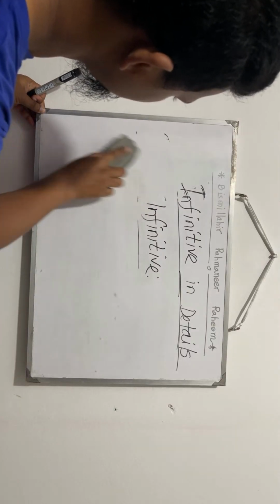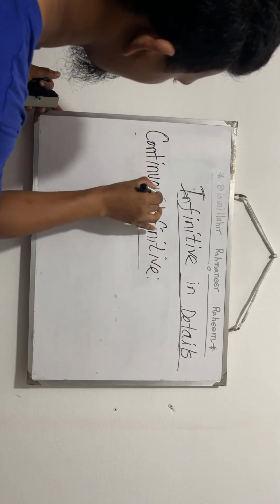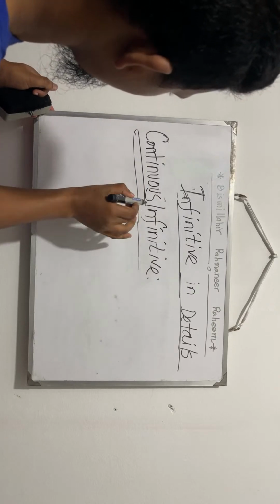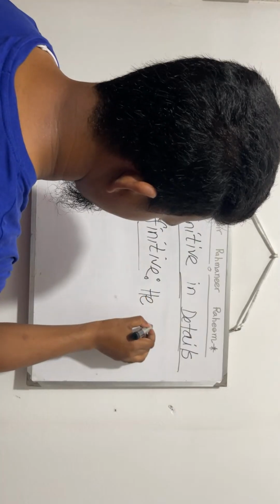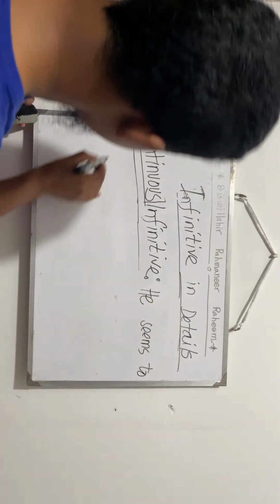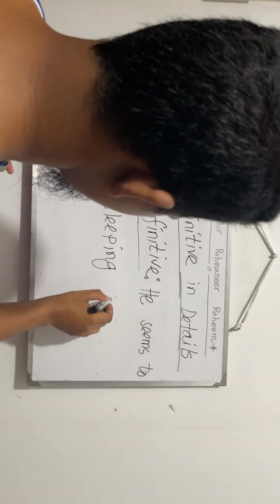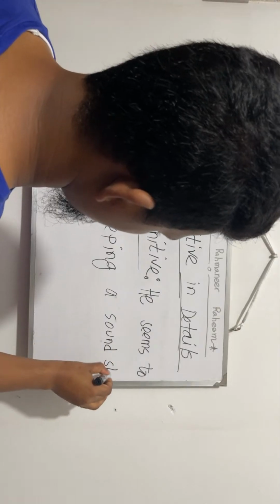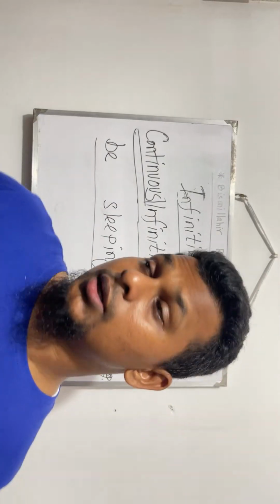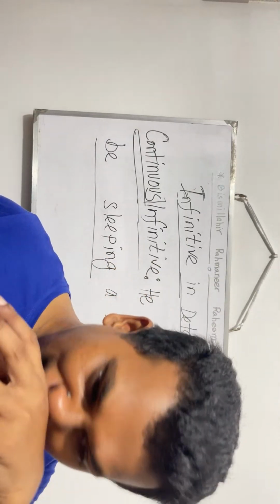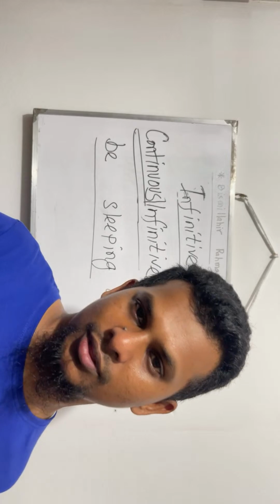And then comes continuous infinitive. So continuous infinitive has the structure of to plus be plus ing after the verb.